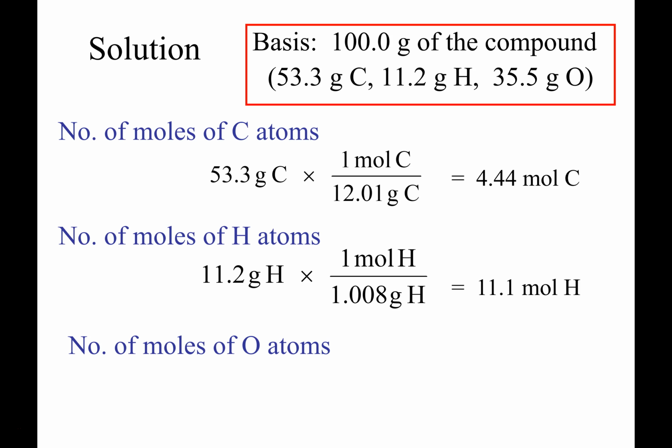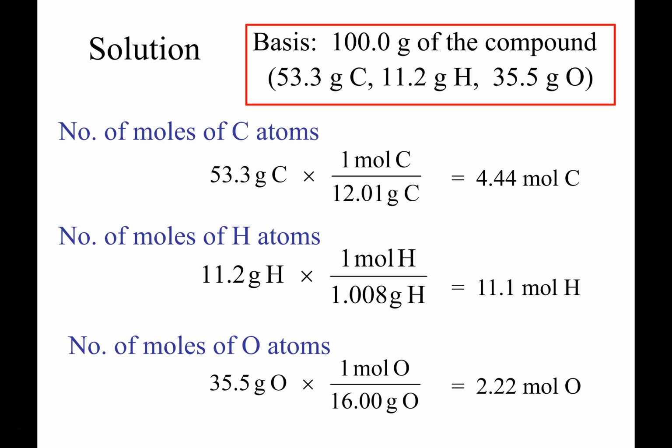And then last but not least, we take our 35.5 grams of oxygen and use the molar mass of oxygen, which is 16.00 grams of oxygen per 1 mole of oxygen, the flipped version, so our grams will cancel, we're left with moles. 3 sig figs, and you're looking at 2.22 moles.